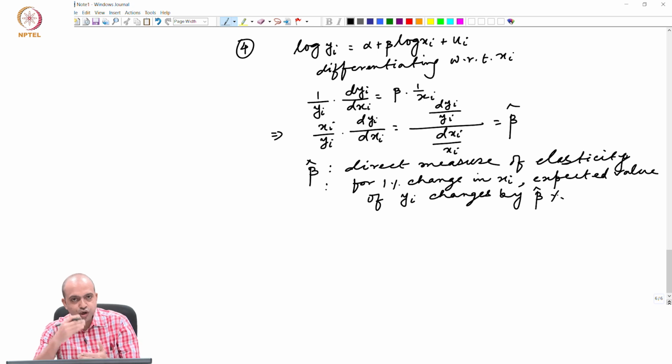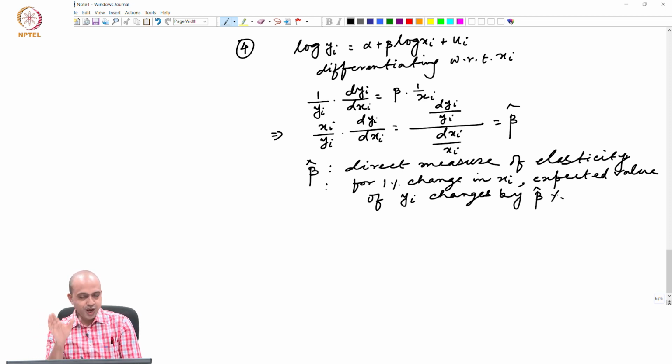So, these are the 4 alternative models. The first model is linear, where both y and x are linear, and the interpretation is simple, which you have already learned: for a unit change in xi, on average yi changes by beta hat amount.